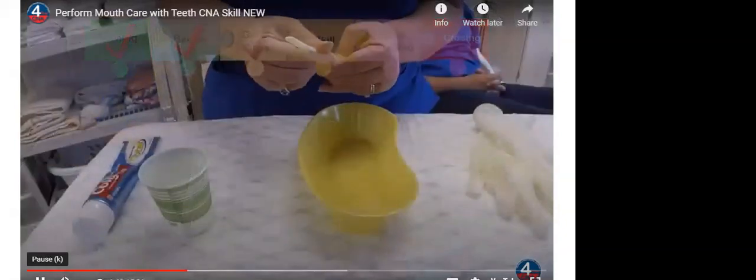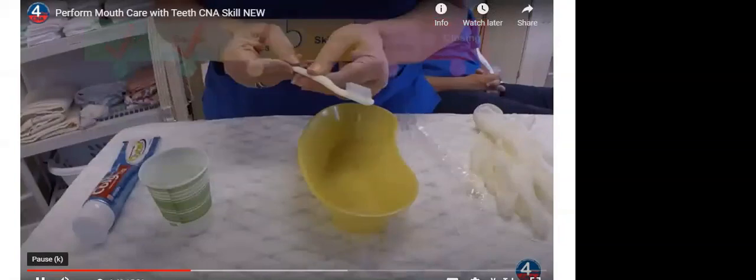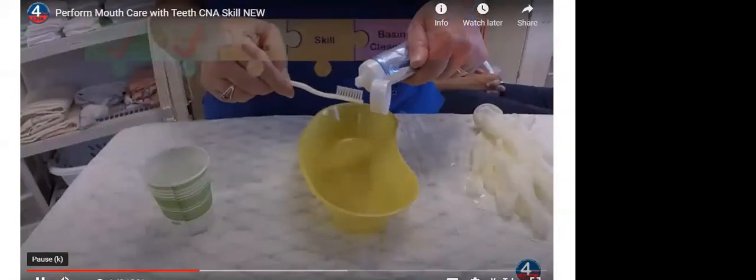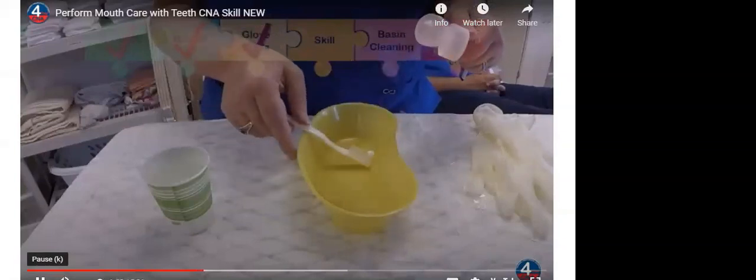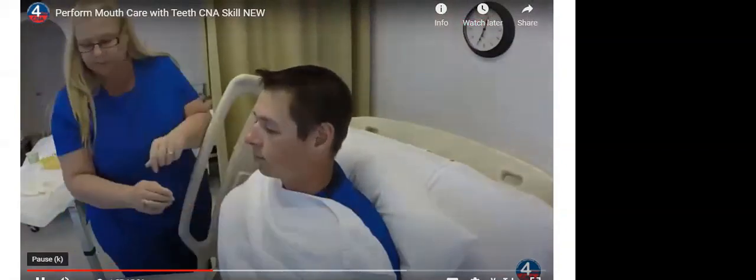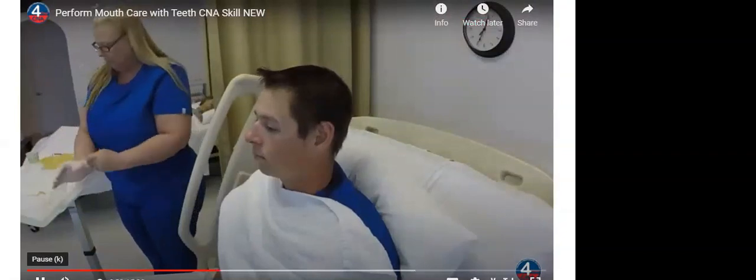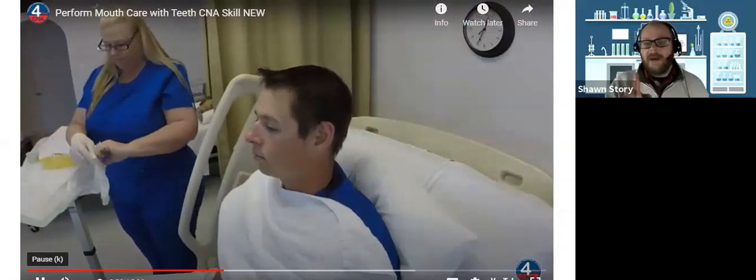We'll prepare the toothbrush first. Get it wet, place a little bit of toothpaste on it, and set it in the basin. Mr. Jones, can I place this towel over your chest? Yes, please. Okay.